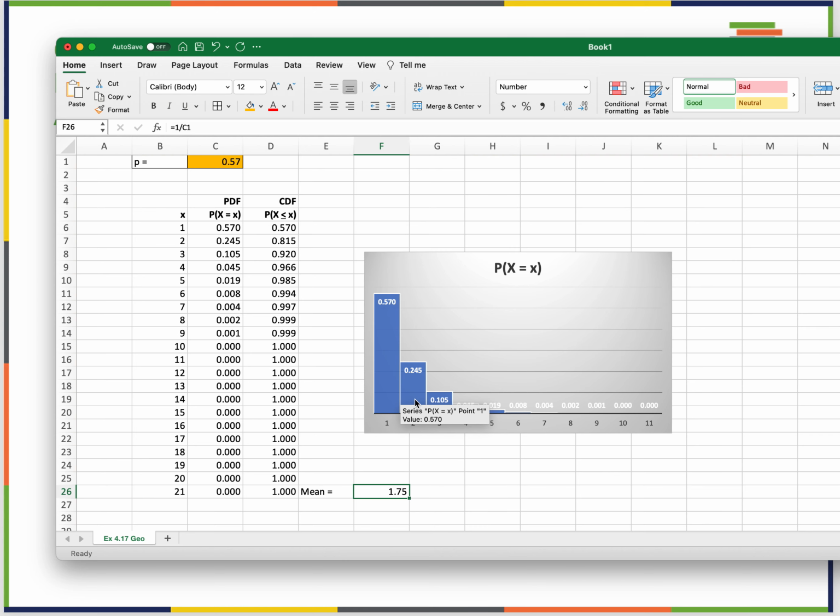So almost 2. Between 1 and 2, almost 2. But if you look at it, that's where it's going to be. These distributions are definitely always skewed because you're looking for the first success.